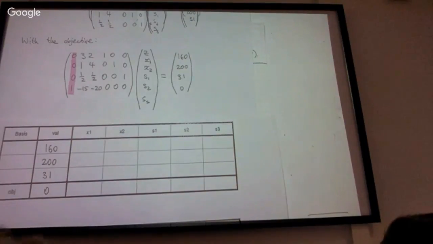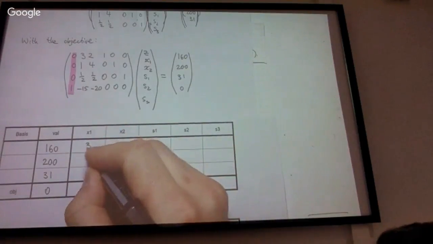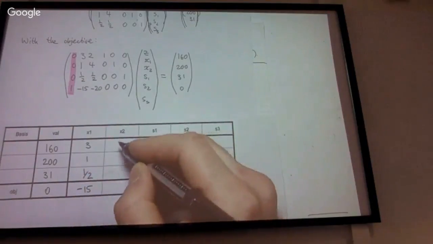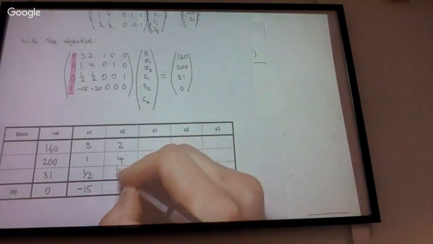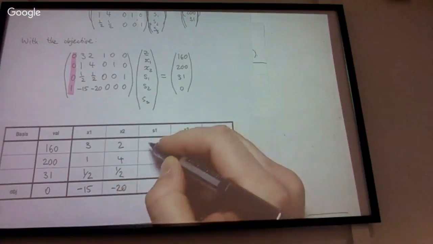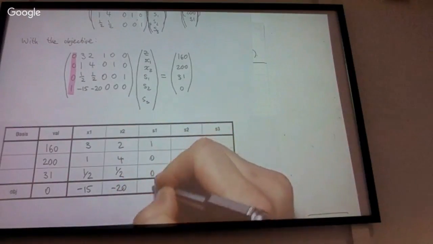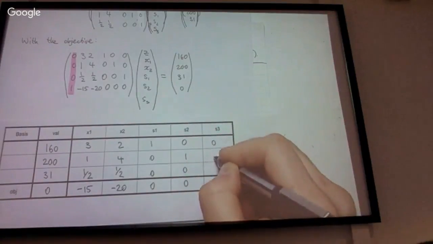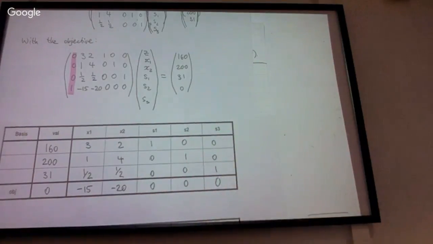Oh no, that's not true. Just the coefficients from these 5 columns, not the Z column. So the first column is 3, 1, 1/2, minus 15, 2, 4, 1/2, minus 20, 1, 0, 0, 0. Like this.